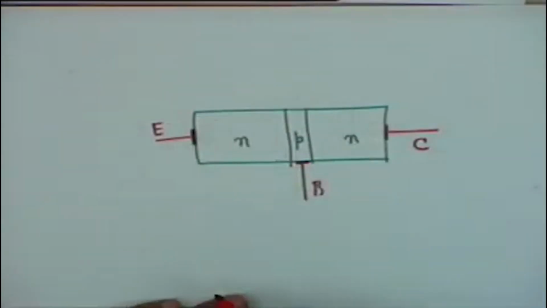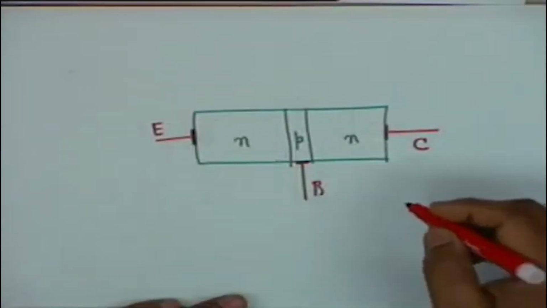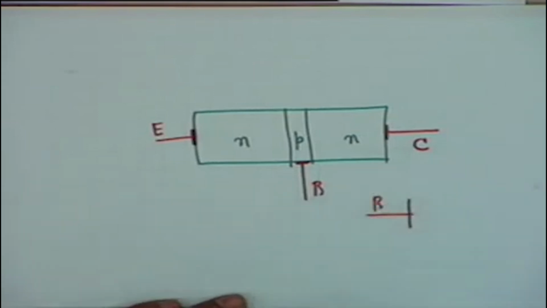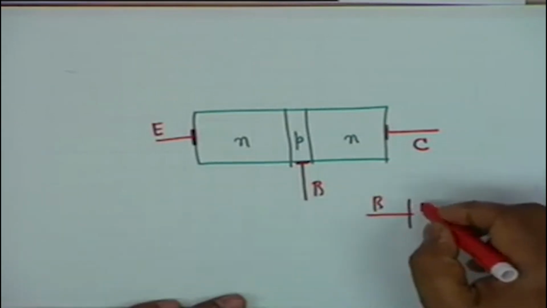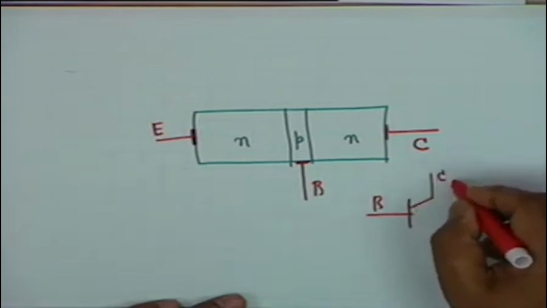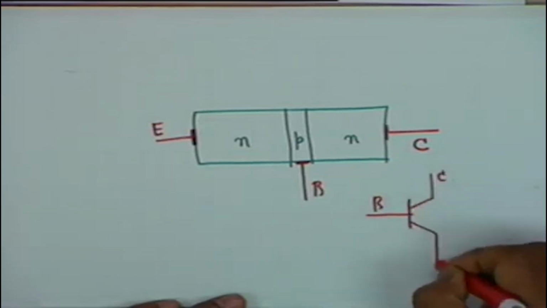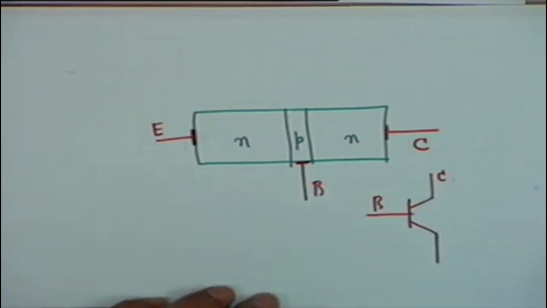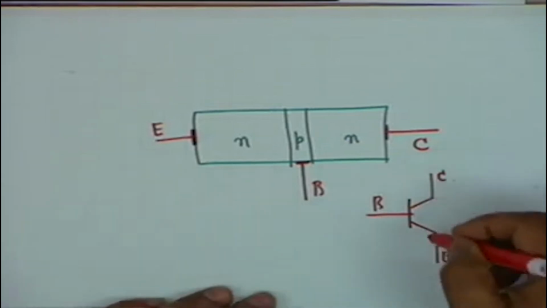Such a transistor is schematically represented as a base and then a vertical line. This is collector and this is emitter. You have to distinguish between the two terminals, the collector and the emitter.